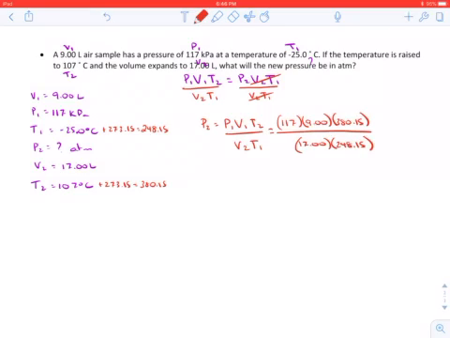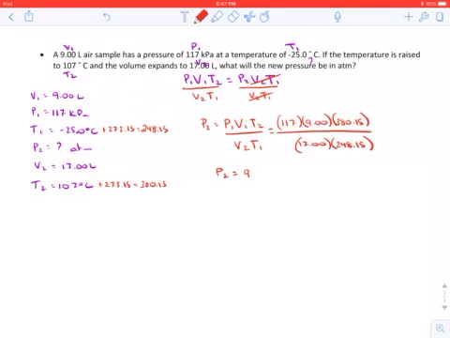And now all we have to do is plug it in our calculator. P2 will be equal to 117 times 9 times 380.15 divide that by 17, and then divide that by 248.15.